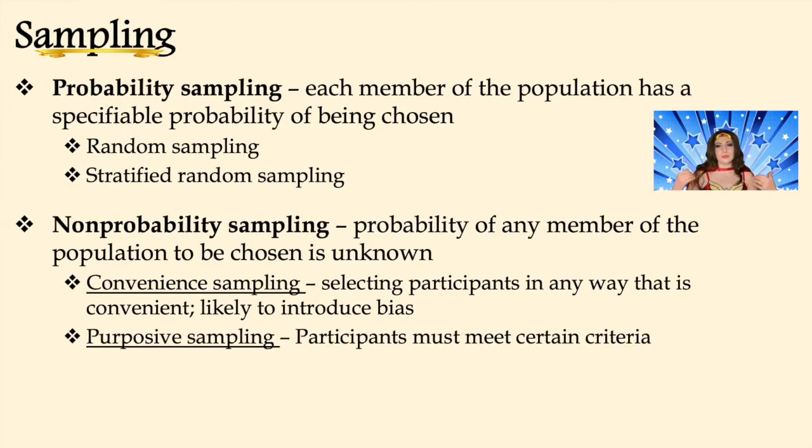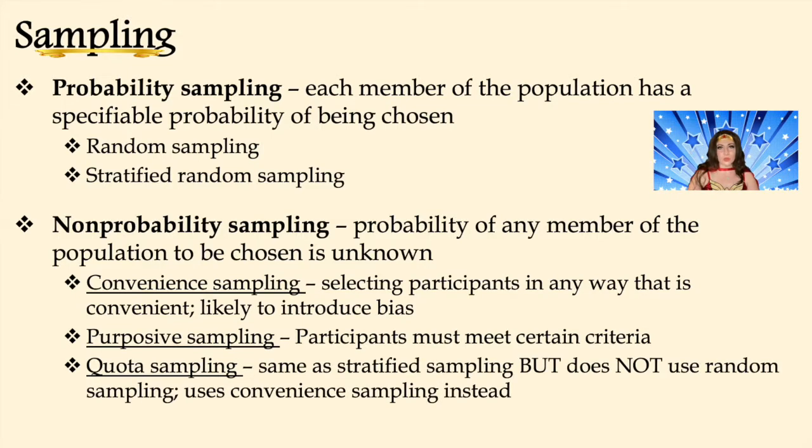We also have purposive sampling, in which participants must meet a certain criteria. And we also have quota sampling, which is the same as stratified sampling, but it does not use random sampling after you've filtered them out. It uses convenience sampling. So perhaps you're a researcher and you're interested in investigating the relationship between being an only child or having siblings and how that correlates with academic success.